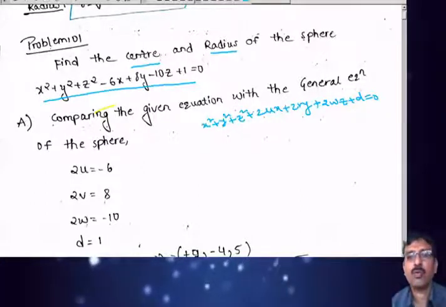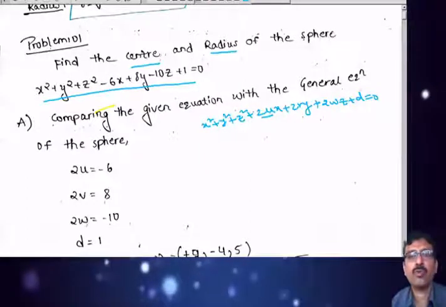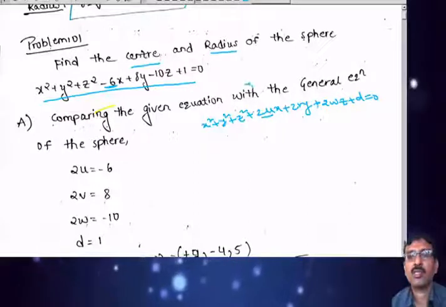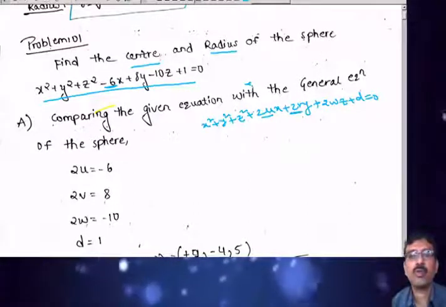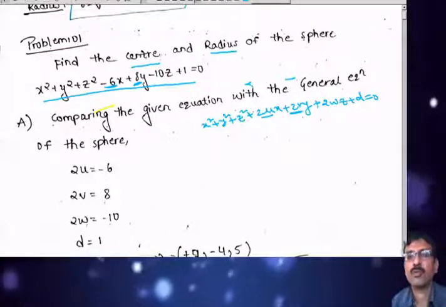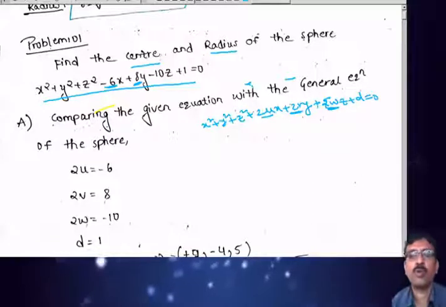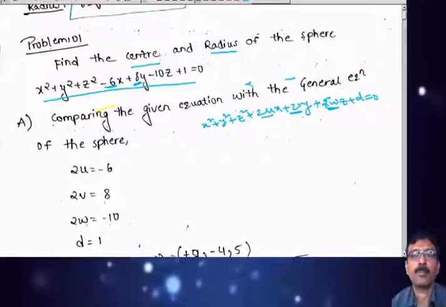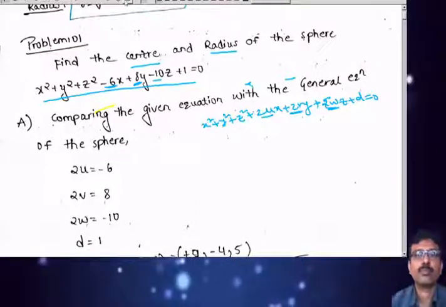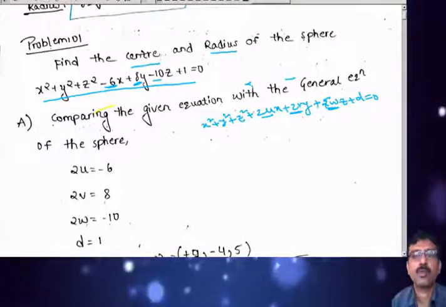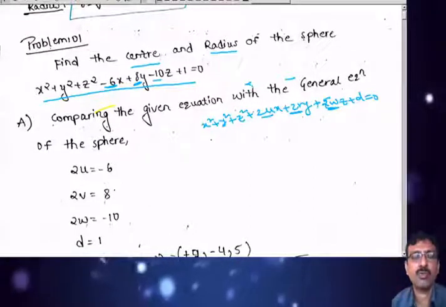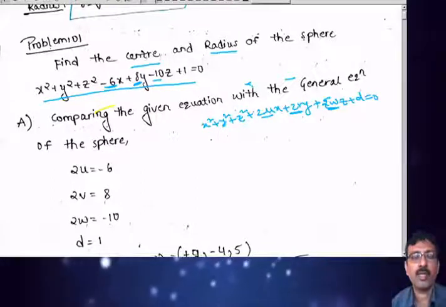Here, in place of 2u we have minus 6, in place of 2v we have 8, and in place of 2w we have minus 10. Therefore 2u equal to minus 6, 2v equal to 8, 2w equal to minus 10 and d equal to 1.